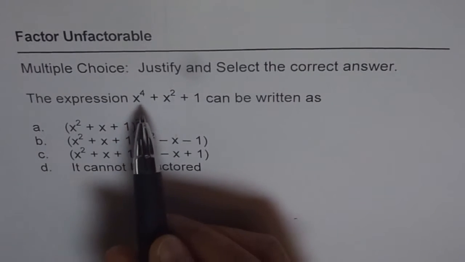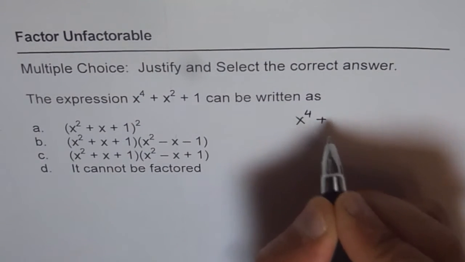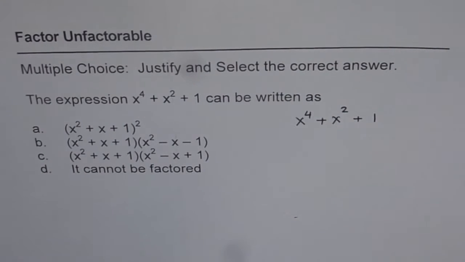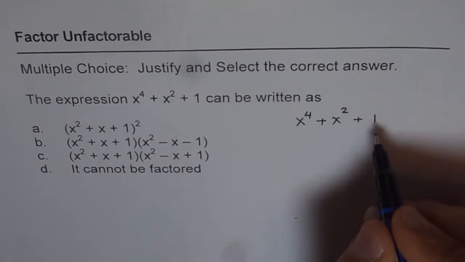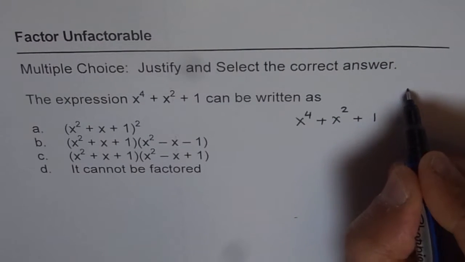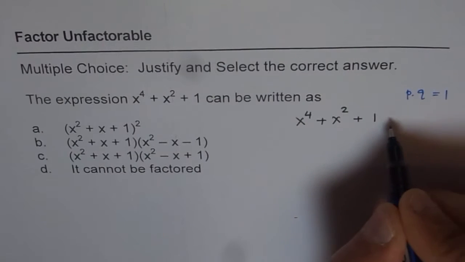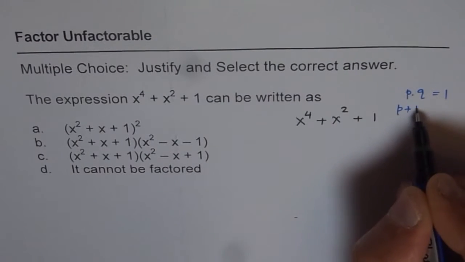Now, let's start with the term given to us, that is x to the power of 4 plus x squared plus 1. If we really need to factor this, then we are looking for two numbers, say p and q, whose product is 1, and when we add, we should get 1.